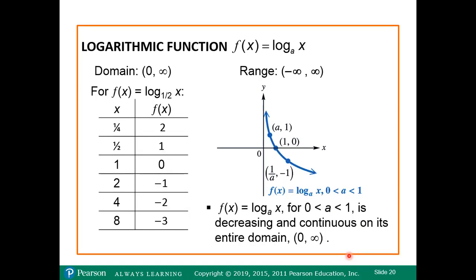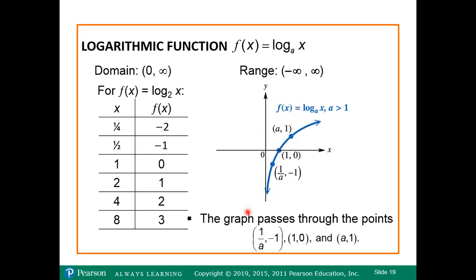And if a is between 0 and 1, then you get a reflection across the x-axis. So now you've got a decreasing function. It'll still go through the same points: a comma 1, 1 comma 0, and 1 over a comma negative 1.